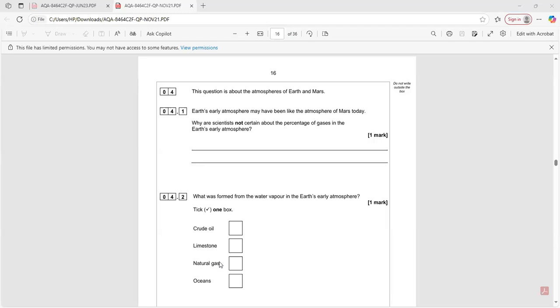For 4.1, not 4.2. Limited evidence. Limited evidence, yes. So, of course, ways of capturing those values was not there. So, yes, I think we'll go with that.